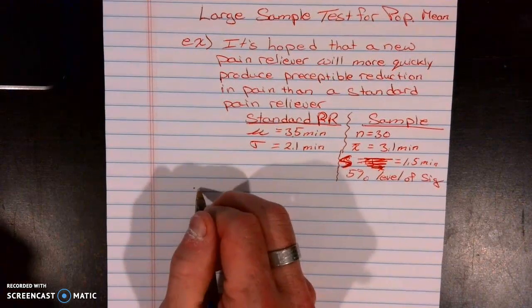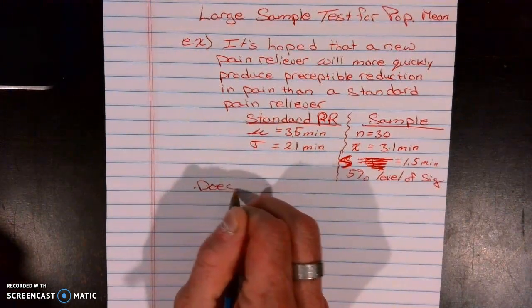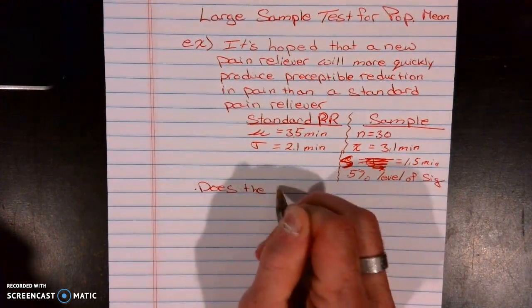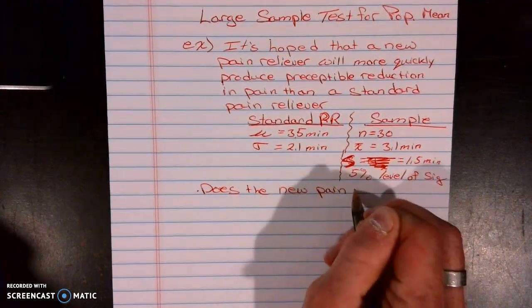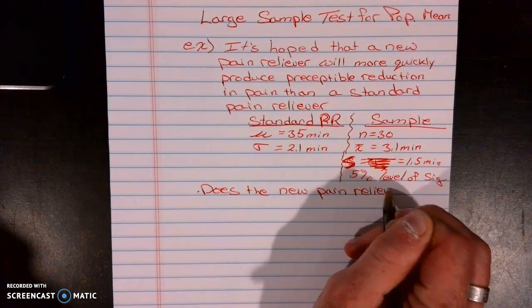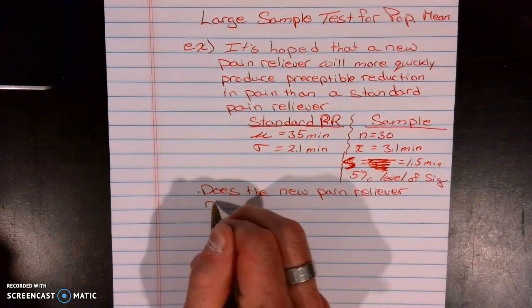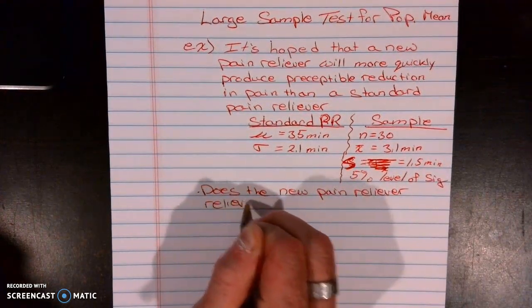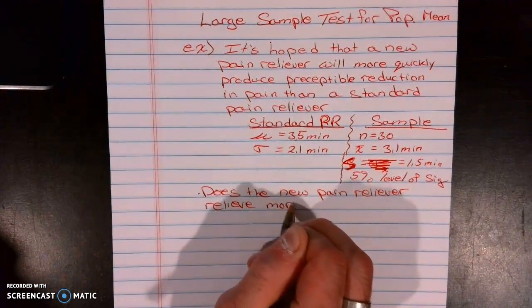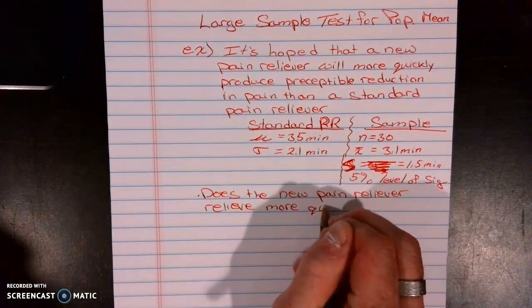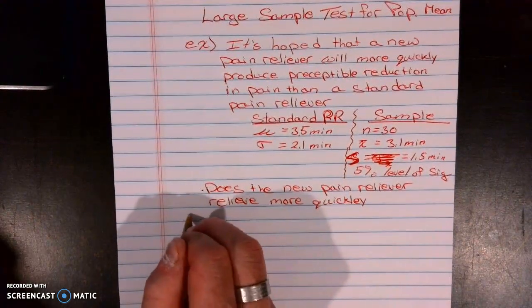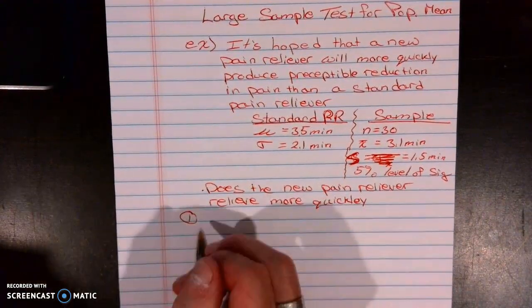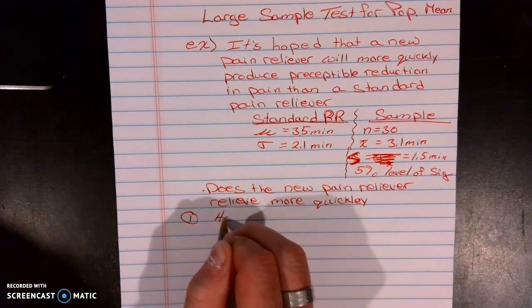And the big question that we have is, does the new pain reliever relieve more quickly? So as step number one, the first thing we need to do is define our hypothesis.